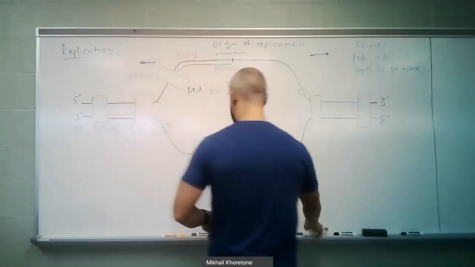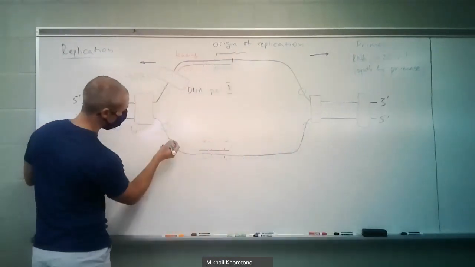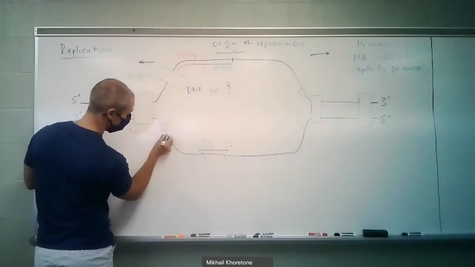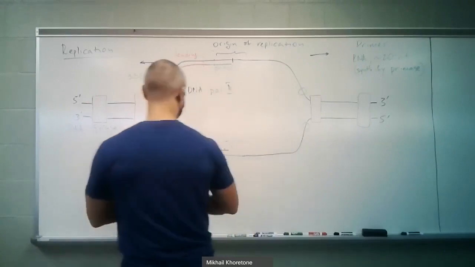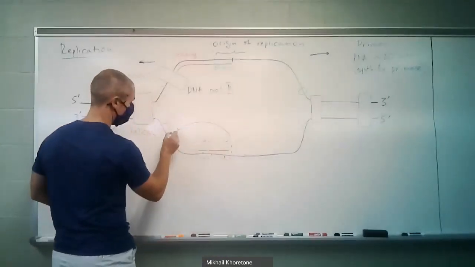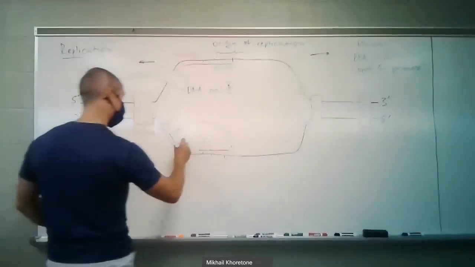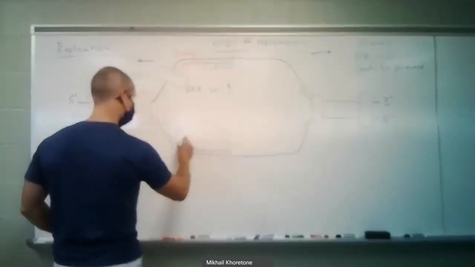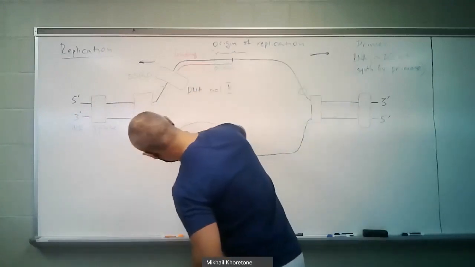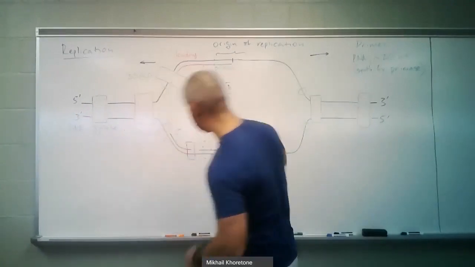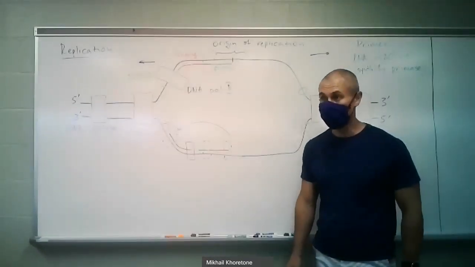In the meantime, primase makes another primer. So DNA polymerase 3 jumps back, moves forward, synthesizing another DNA fragment. Does that make sense?